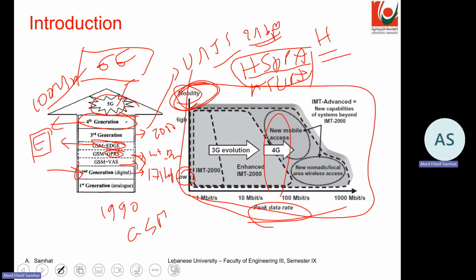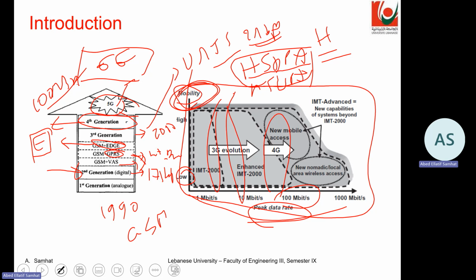At low mobility we can reach, let's say, 100 megabit per second. But at high mobility with this technology, we could be, for example, at 10 megabit per second or at 1 megabit per second, according to the possibility to have these services at the velocity or at the movement that we are doing.